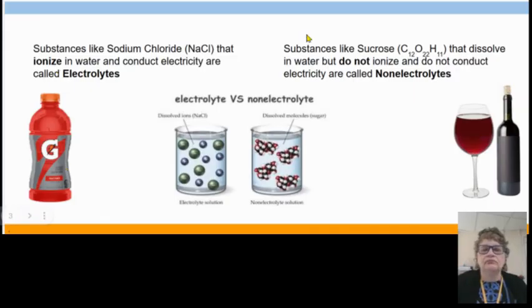Substances like sucrose, sugar, that dissolve in water but do not ionize and do not conduct electricity are called non-electrolytes. Sugar molecules are covalent molecules. You can't easily break them apart and still have them be sugar.